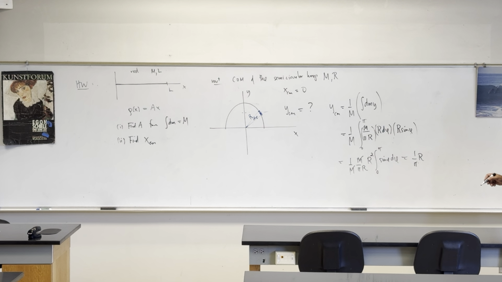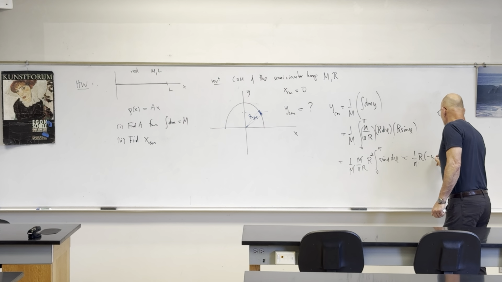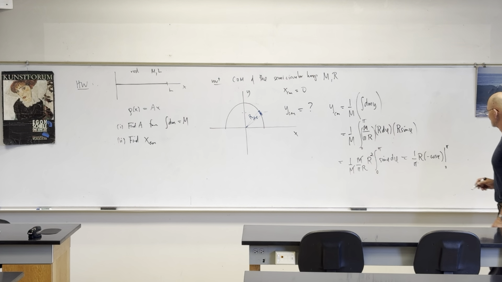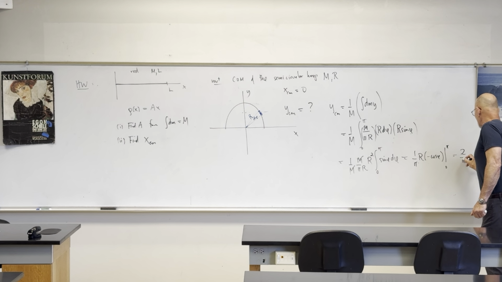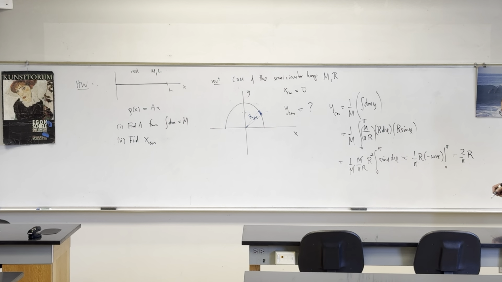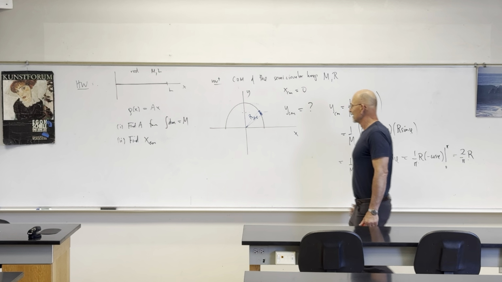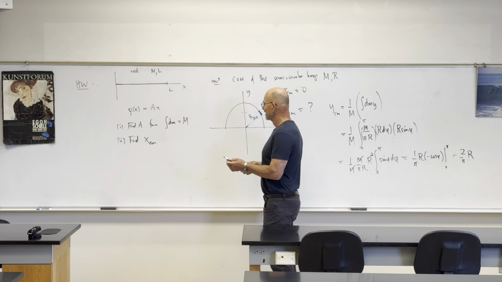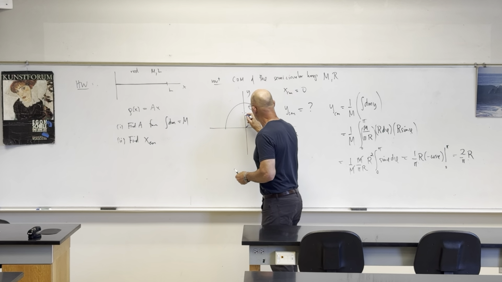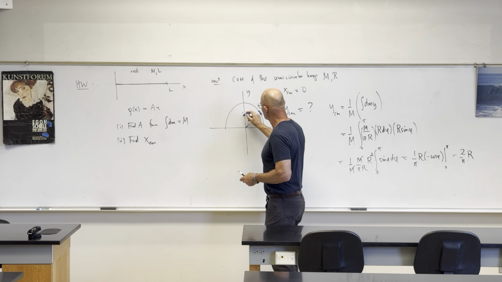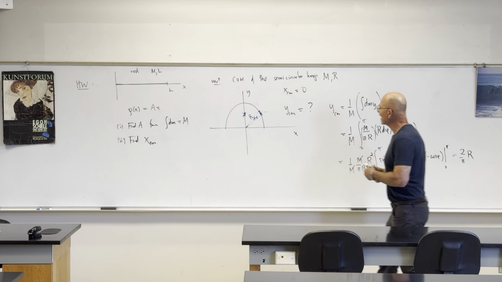What's the integral of the sine? Negative cosine of phi from 0 to pi. This will give us 2. So we've got 2 over pi times r. So it's actually a little under 2/3 of the way up. Never guess this one in a million years. Anyway, there you have it.